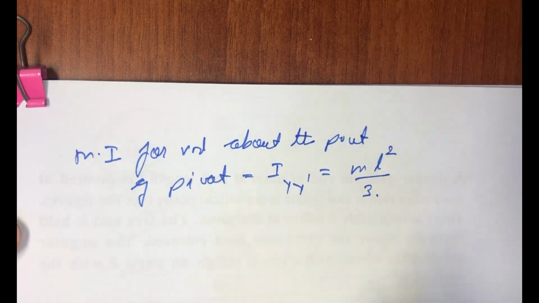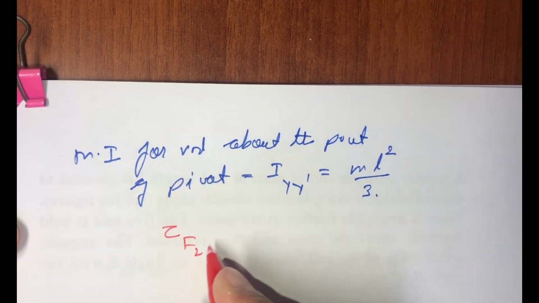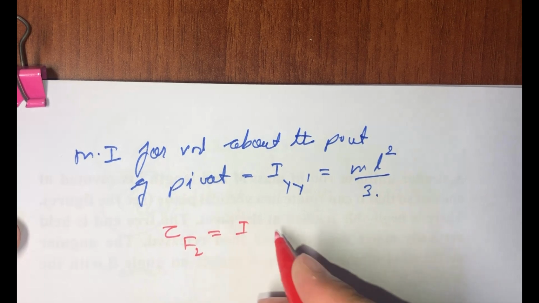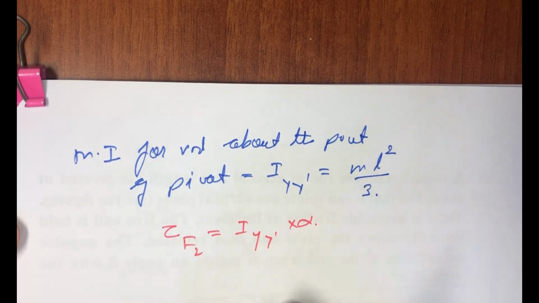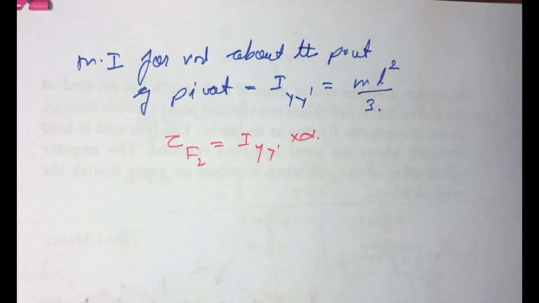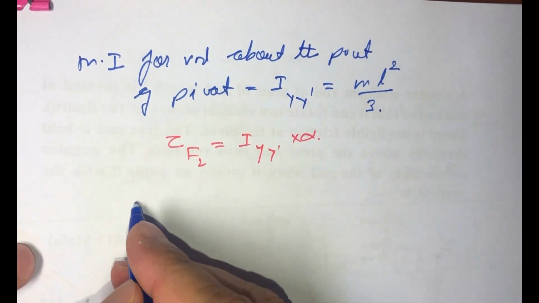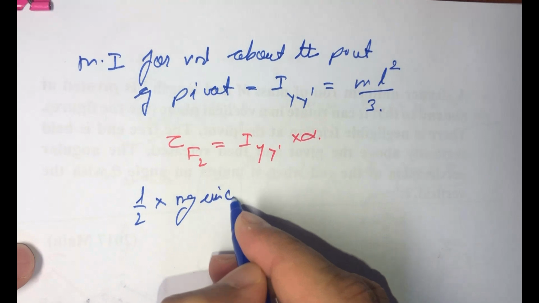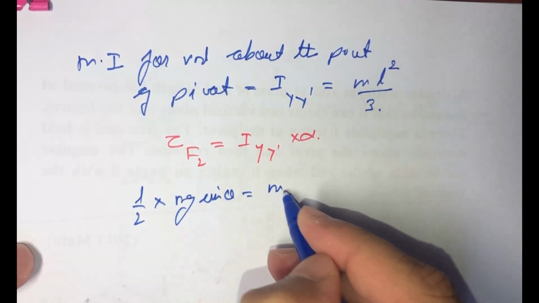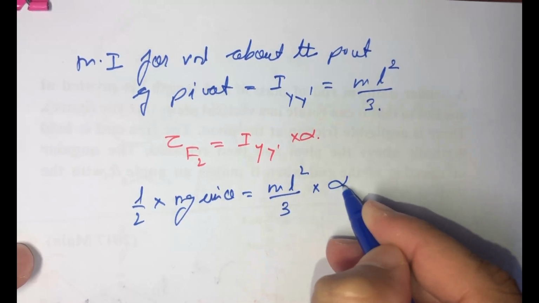And we also know the torque because of F2 will be given as moment of inertia multiplied by angular acceleration. So substituting the values, tau F2 is L by 2 multiplied by mg sine of theta, and this will be m L square divided by 3 multiplied by angular acceleration alpha.